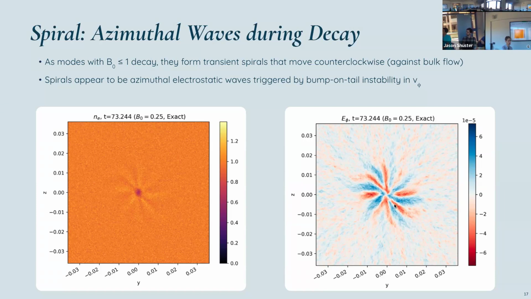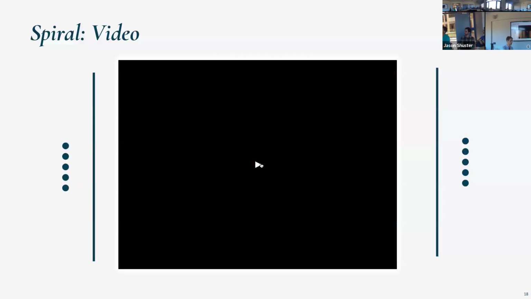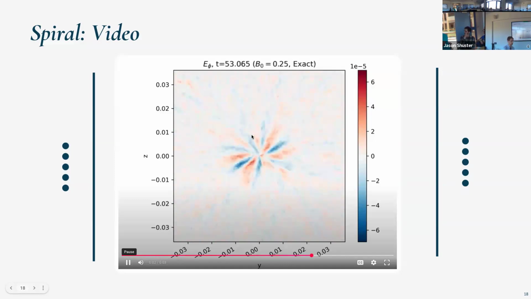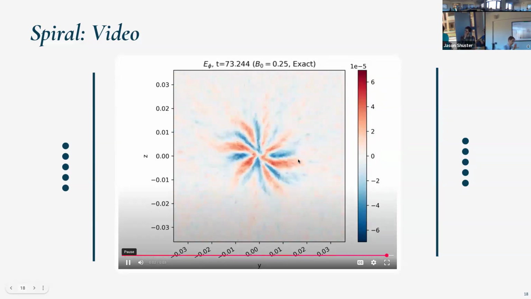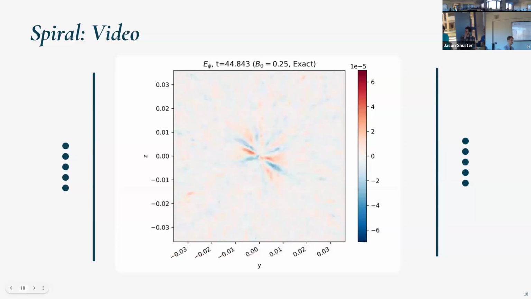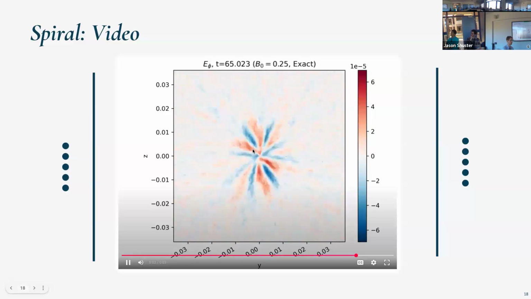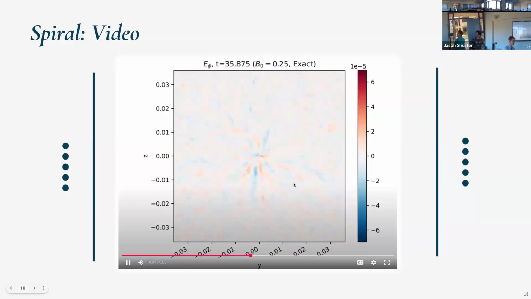So we have these arms, and this kind of double counts the arms, but this is how they look. So the spiral appears and it moves against the electron flow. So this is moving counterclockwise, the electrons are moving clockwise. And if this view continued further, we would see the spiral disappear.